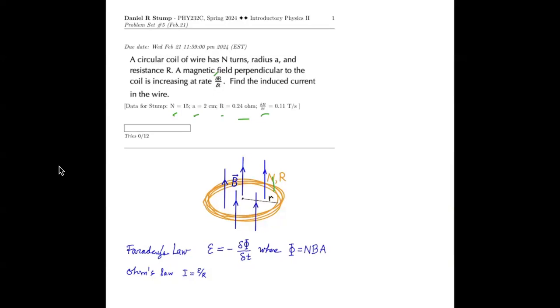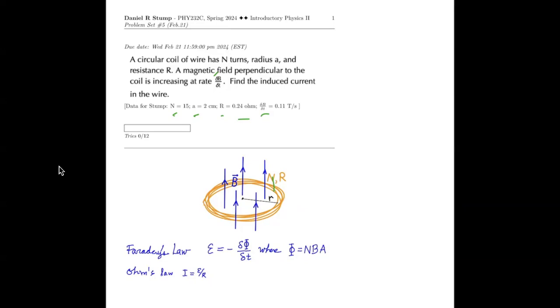That corresponds to counterclockwise current. You have to use the right-hand rule to determine the direction of the current or the direction of the induced electric field.